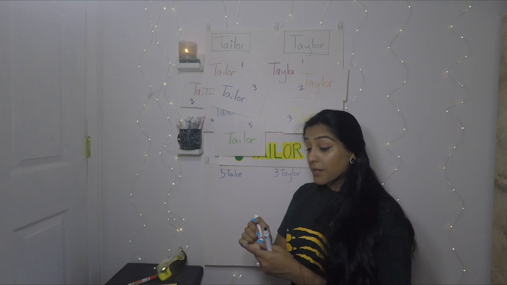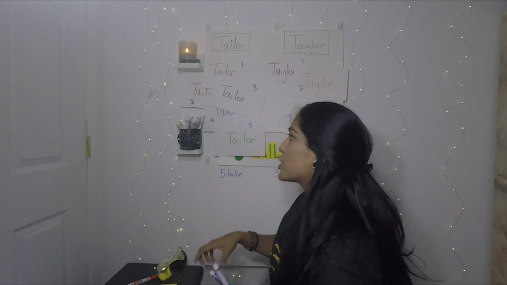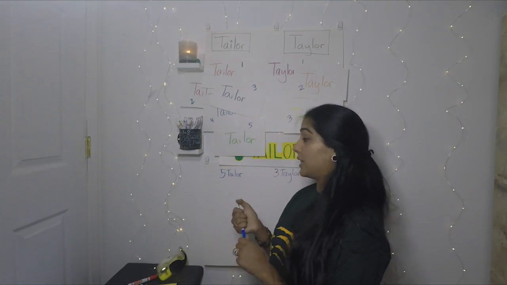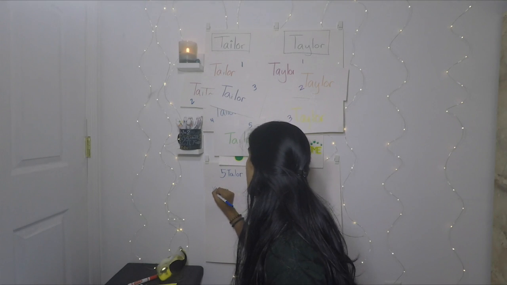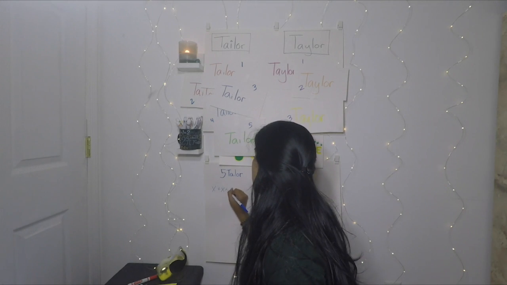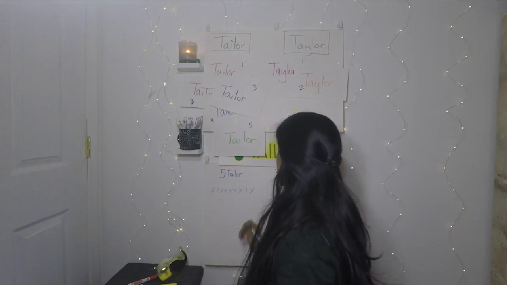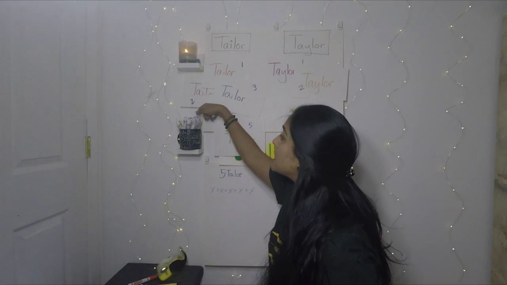Now, if we represented this just with simpler variables and simpler terms, it would look like this. So Tailor with an I is going to be X. I would have X. And then, in the same group of people, because we're all traveling together, right?